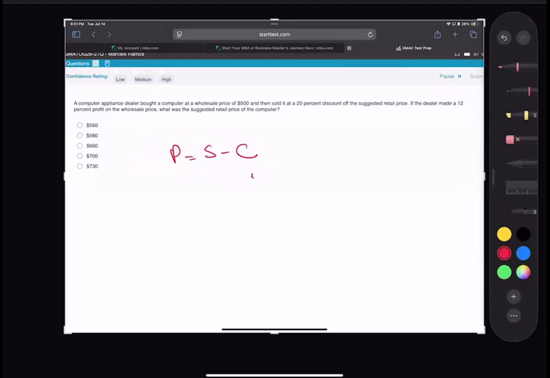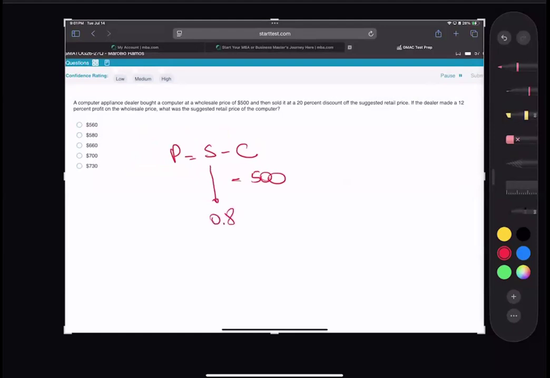So we know the cost is 500. He's telling me that the selling is 0.8 of the price. Okay. And he gave a discount of 0.8 of this price, but the profit, even so, is 12% of the cost.